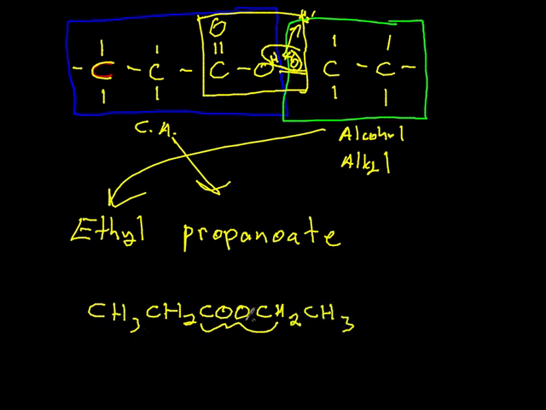So this is what an ester is going to look like in the condensed formula. Again, we're going to have plenty of practice on writing these in class. I just want to give you the introduction to them so that you won't be completely lost.